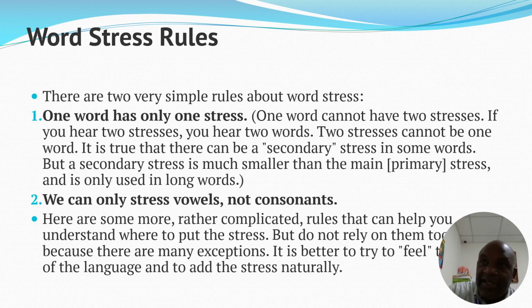Present, present. Two stresses can be in one word. That means in one word we can hear two stresses, but the most powerful stress can be on the first syllable, or in the middle, or maybe in the last part of the word.